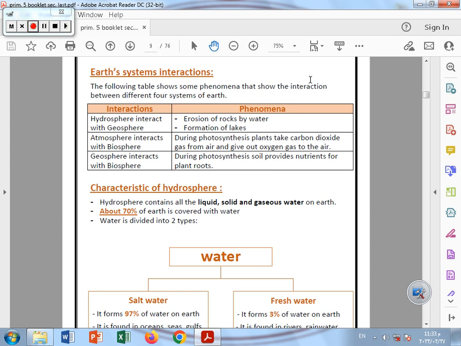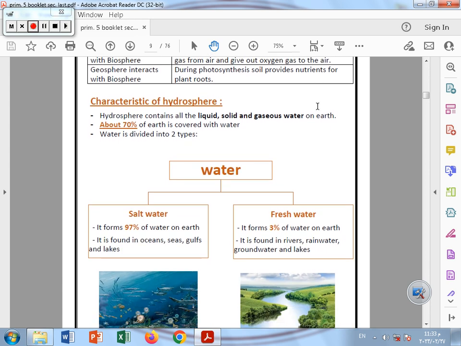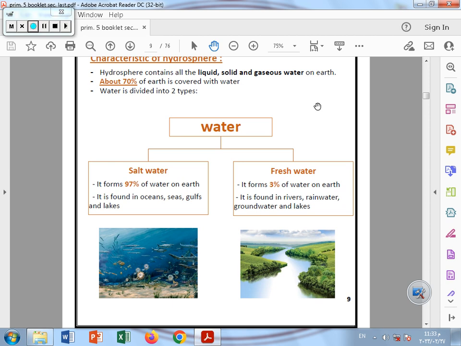And now let's talk about some characters of the hydrosphere. The hydrosphere, we said it contains all the water on the earth, but in the 3 phases or states: liquid, solid and gaseous water on earth. And about 70% of the earth, or 3/4 of the earth, is covered with water. And we have 2 types of water on earth: salt water and fresh water.